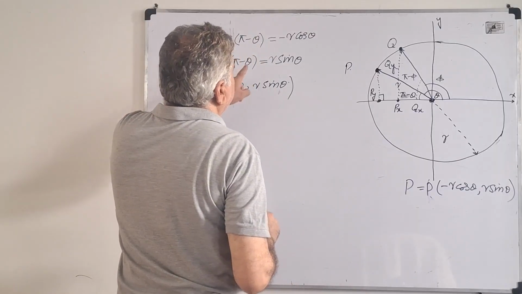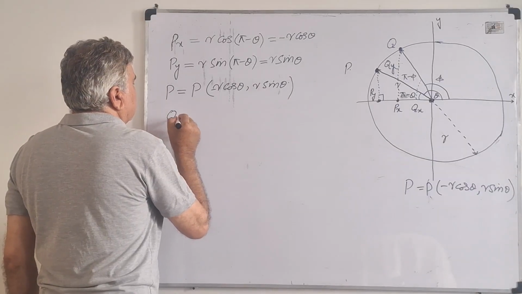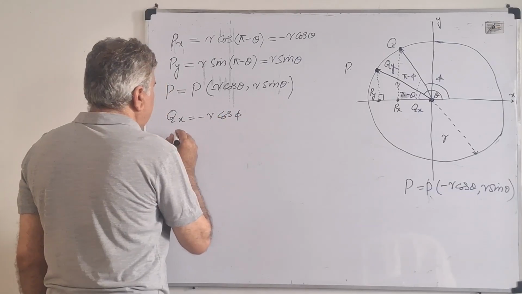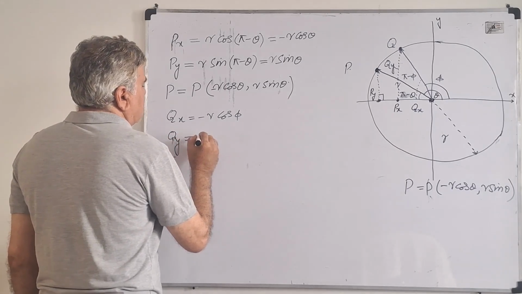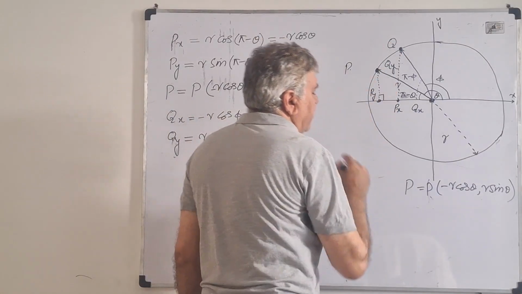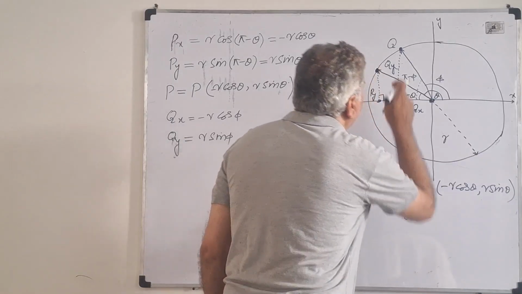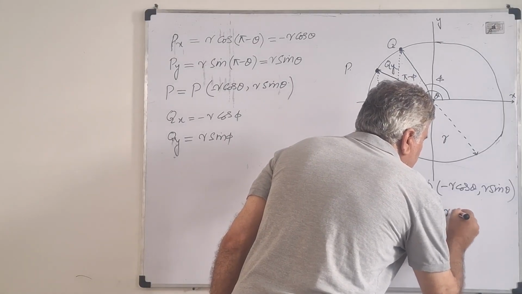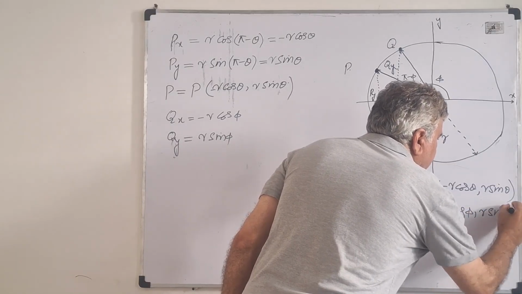If I use the same relation just by replacing theta with phi, I'll get q sub x equal to minus r cos phi and q sub y equals r sine phi. So the coordinates of point Q are minus r cos phi and r sine phi.